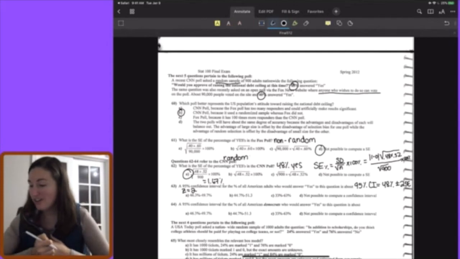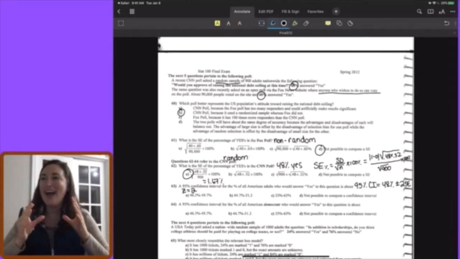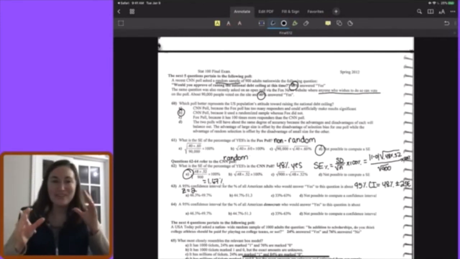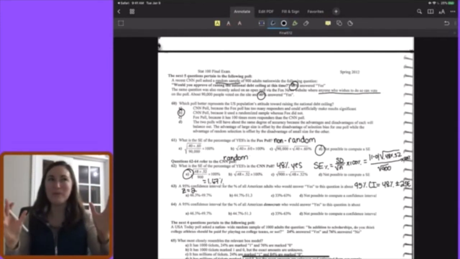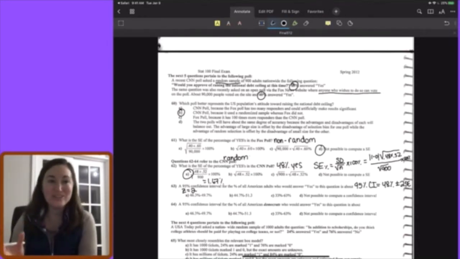It's really hard, you guys probably saw this a lot recently, to have a confidence interval when your percent of yeses is really close to 50%, because then basically you could go below or above, that's included in it. So this is an example of a question where it'd be kind of hard to predict. Basically the American adults could go either way. It could be above 50, it could be below 50.